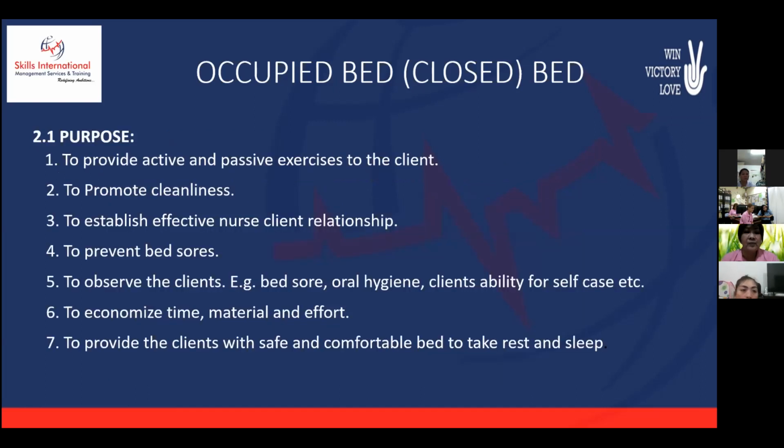So what are the purposes of an occupied bed? To provide active and passive exercise to our patient. This means that when the patient is on the bed, before we make the bed, we have to do active exercises for the patient.